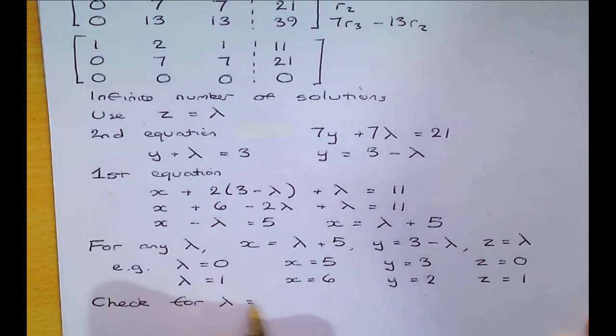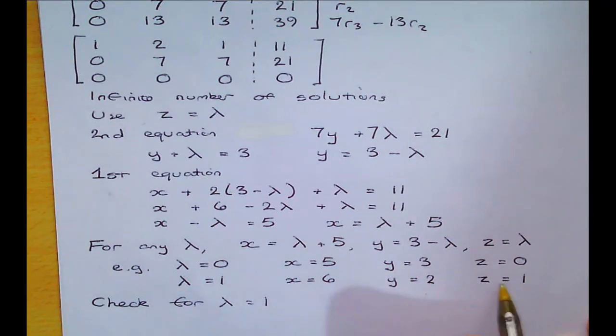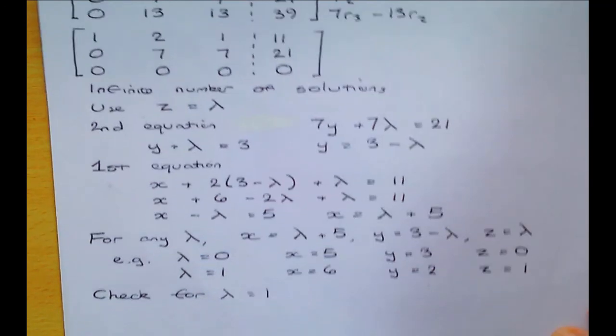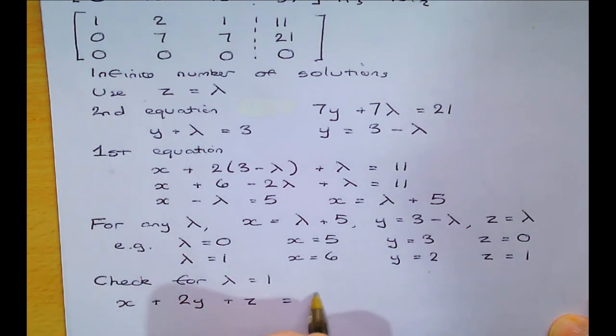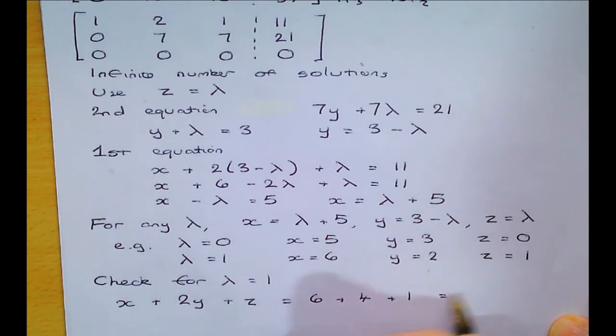For lambda is equal to 1, where we have, of course, x equals 6, y equals 2, z is equal to 1. x plus 2y plus z will give us 6 plus 4 plus 1, that is 11, as mentioned in the equation.